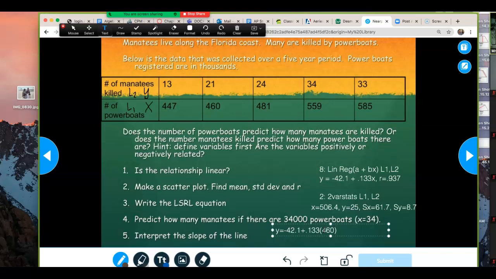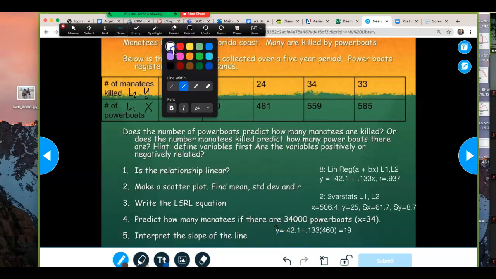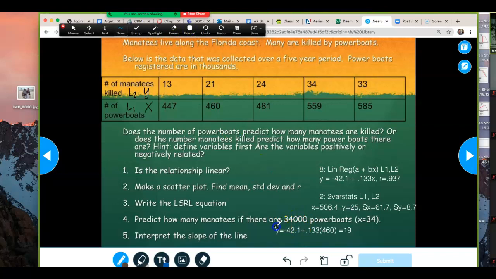460. The actual value is 21. When I make this prediction, I get 19. So if y is 21, this is y hat.